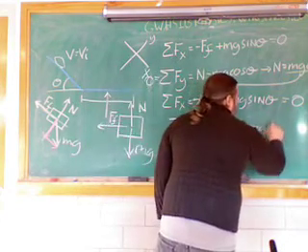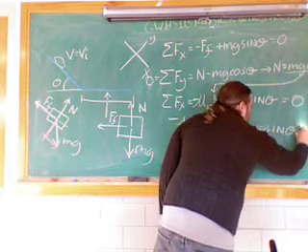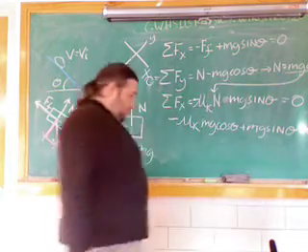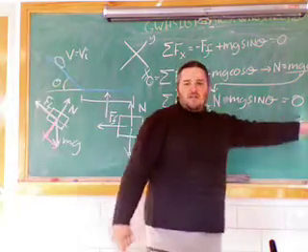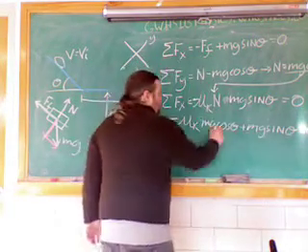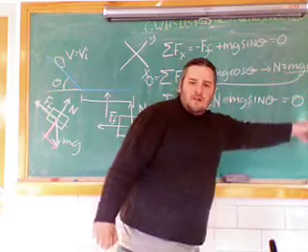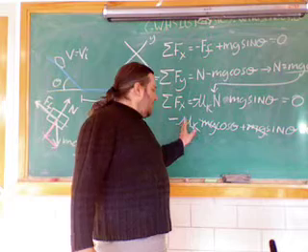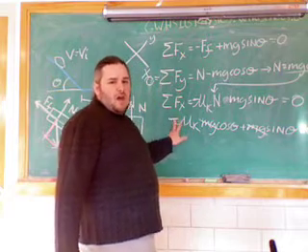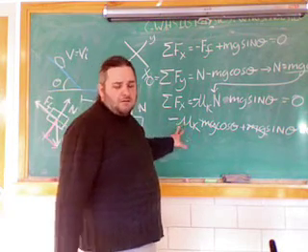Okay. I'm going to move this over to the other side, but the first thing I'm going to do is get rid of the m. Move the sine theta over to the other side, and I'm going to be left with negative mu k, my coefficient of friction, times cosine theta is equal to sine theta.